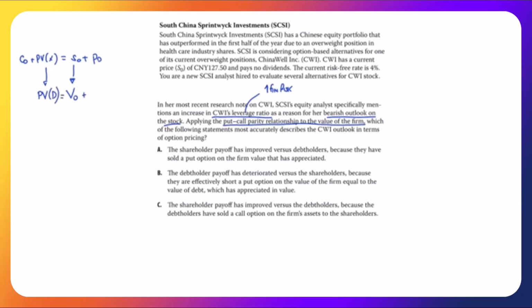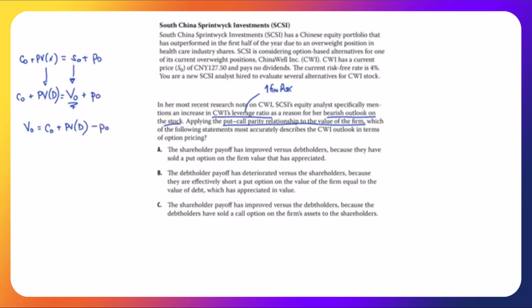And then we'll have a put option and a call option on the value of the firm with a strike price of the face value of debt. Now, if we rearrange that to isolate the value of the firm, V0, knock off the put from both sides, that leaves us with the call option plus the present value of the face value of debt minus P0.